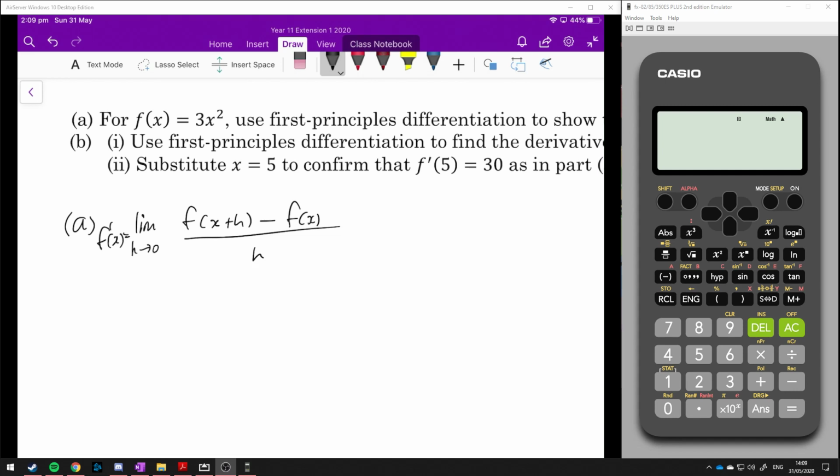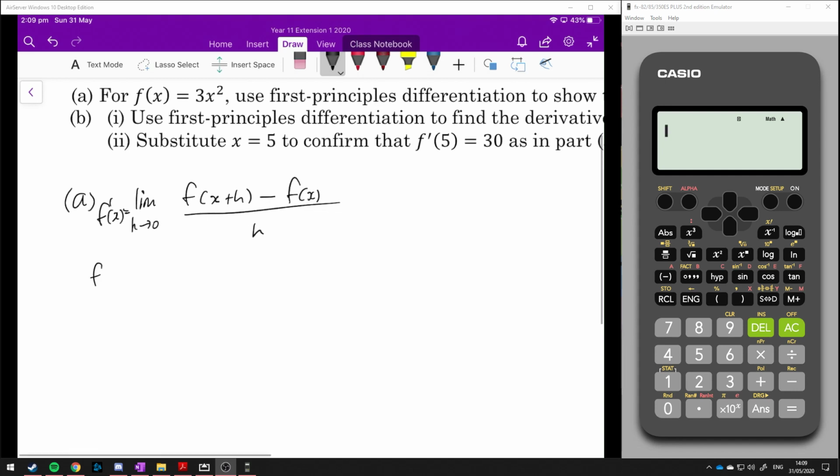So we're going to substitute the value of 5 into this. So we're going to do f dash of 5. Now we don't have to write the limit for this bit, but we need to put in the rest. So f of x plus h is going to be f of 5 plus h, minus f of 5, over h, just replacing the x's with the 5's.